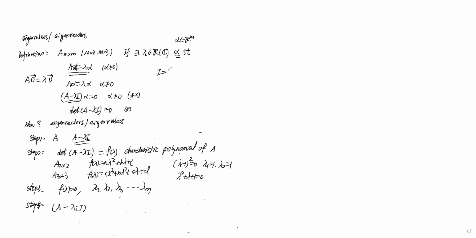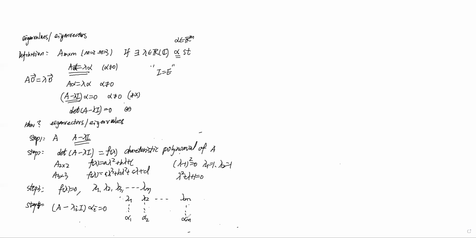I is the identity, or sometimes the book uses E. They are the same. And then you try to solve for alpha i. So for each lambda i, you can solve alpha i. For lambda 1, you solve alpha 1. For lambda 2, you solve alpha 2. For lambda m, you solve alpha m.